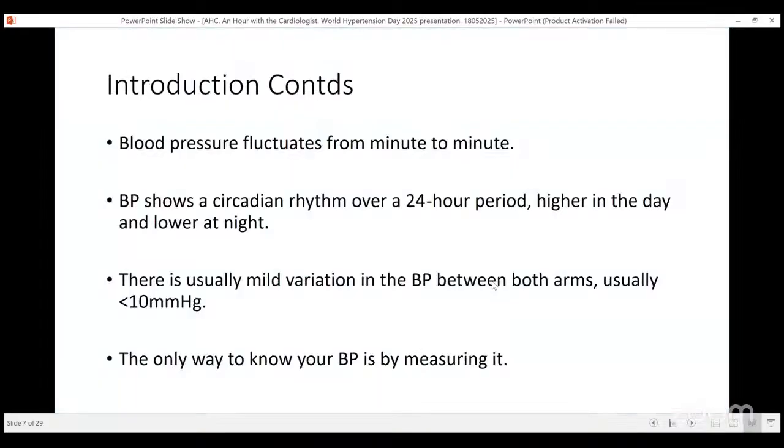Blood pressure fluctuates from minute to minute. And blood pressure shows a circadian rhythm over a 24-hour period. It's usually higher in the day and lower at night. At night, the system begins to get ready to sleep.